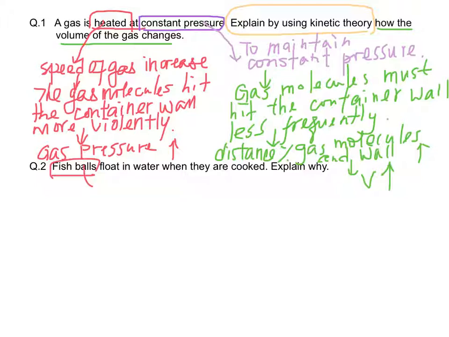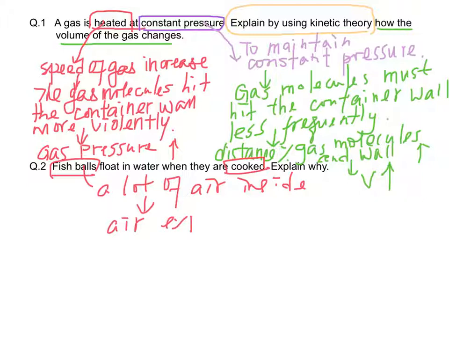Fish balls contain a lot of air inside. When the fish balls are cooked, that means they are heated, and the air inside expands. It implies the volume of the air increases.